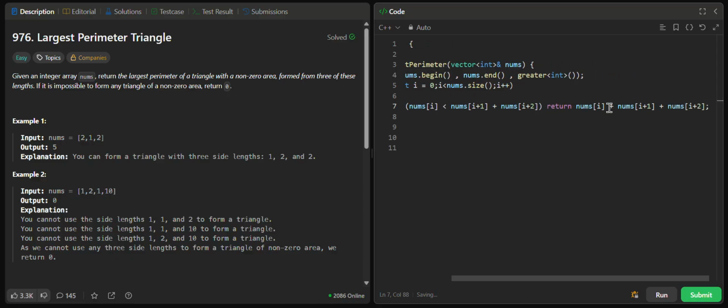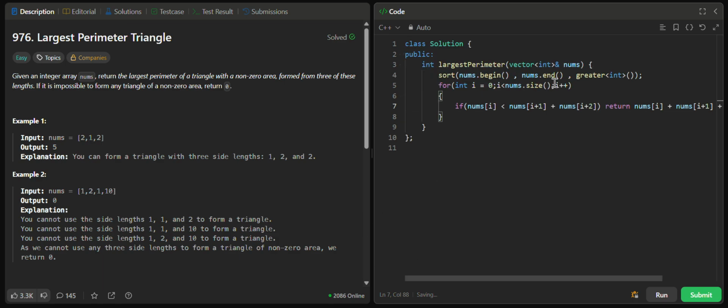One thing I forgot. We are iterating over i plus 1 and i plus 2. So if the index is already at the last second element, this is nums of i, this is nums of i plus 1, and this is nums of i plus 2.